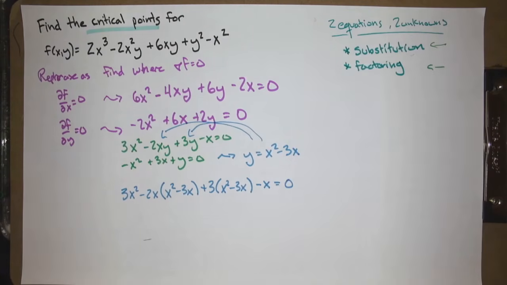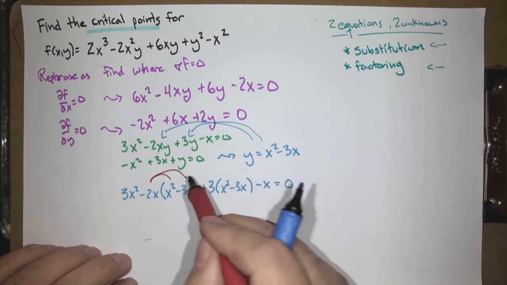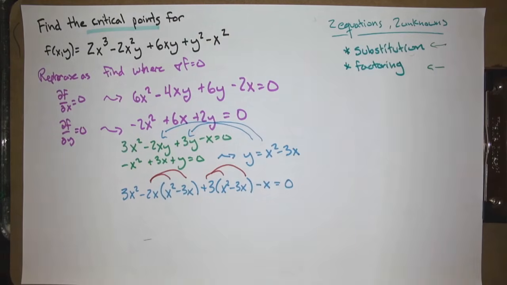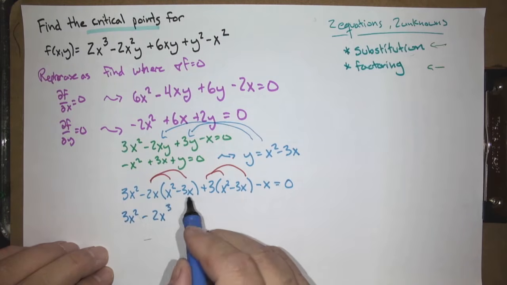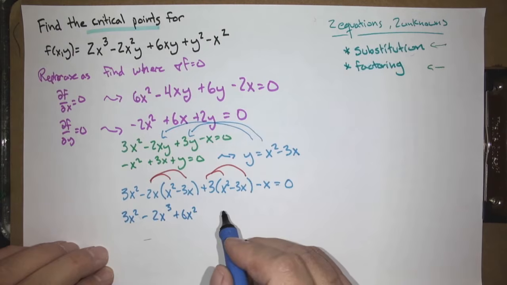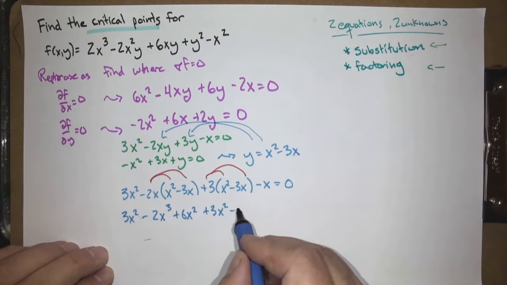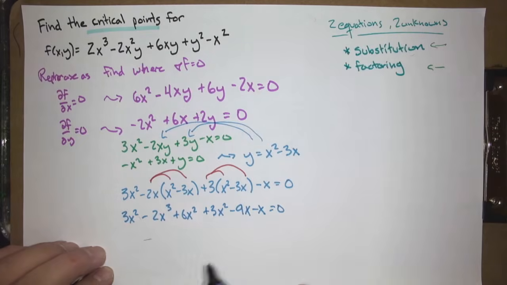Now, what's happening is we're going from 2 equations with 2 unknowns to 1 equation and 1 unknown. In theory, easier problem. It's a great theory. All right, well, what comes next? We're going to multiply things out, being careful with our signs. So we get 3x squared minus 2x cubed plus 6x squared plus 3x squared minus 9x minus x equals 0.